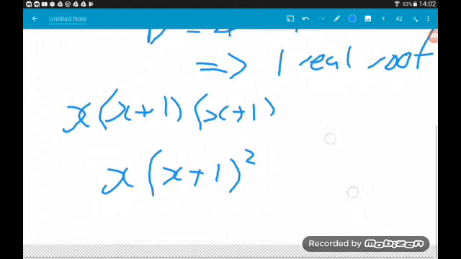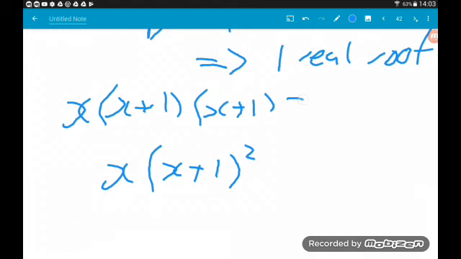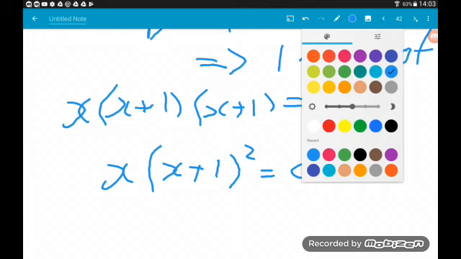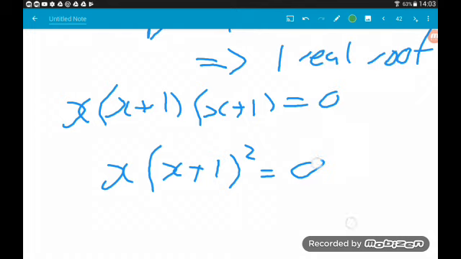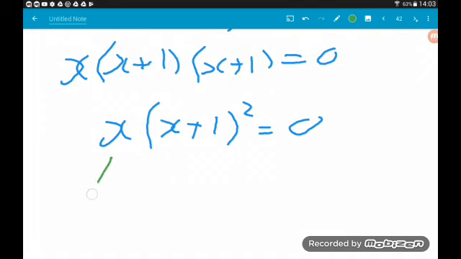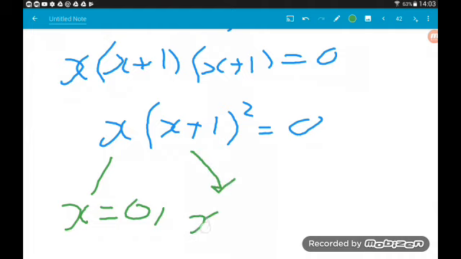So, if we now think about these as being equal to 0, as I said, we're only going to get 2 roots. So, this tells us x is equal to 0. The brackety bit, x plus 1, tells us x is equal to minus 1.